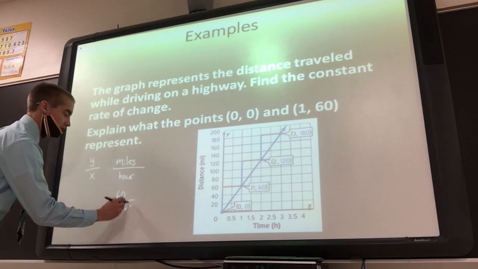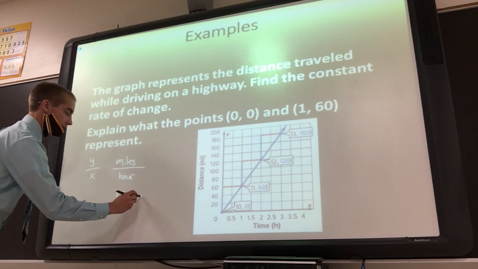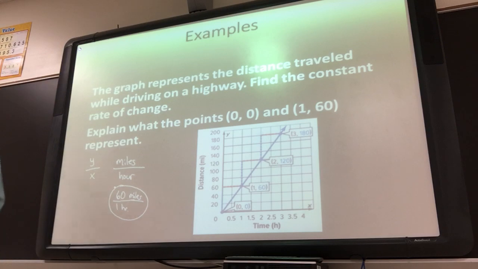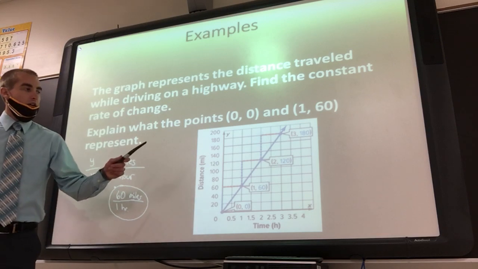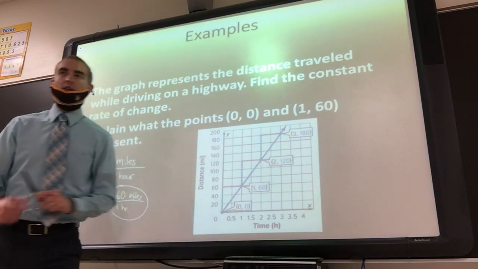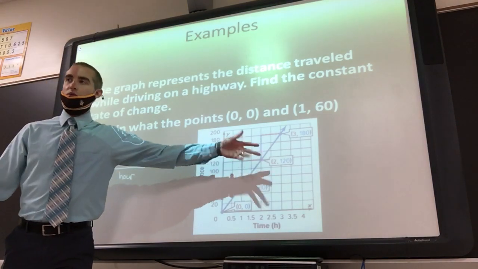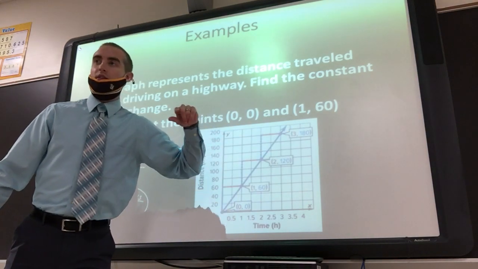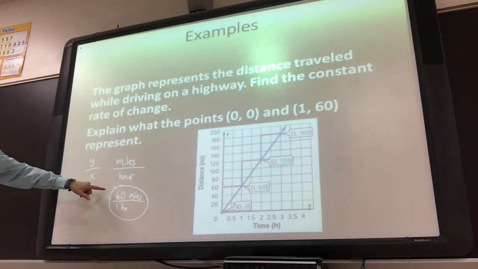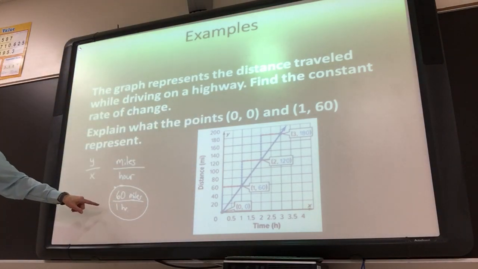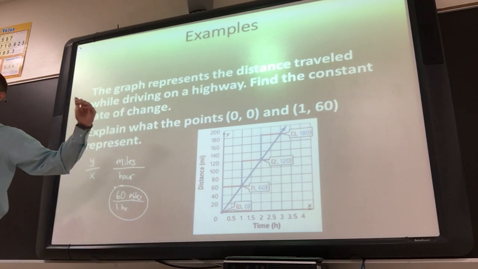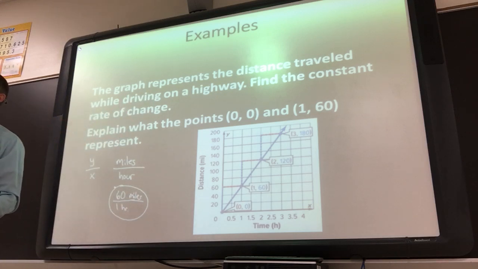And that is already a unit rate, so I don't have to simplify. But just to show you, if I had chosen 2, 120, what would that have simplified to? What's 120 divided by 2? 180 divided by 3? 60. So it's always going to get you 60 over 1. That's one great thing about it being a straight line. You simplify that, it's always going to be the same thing.